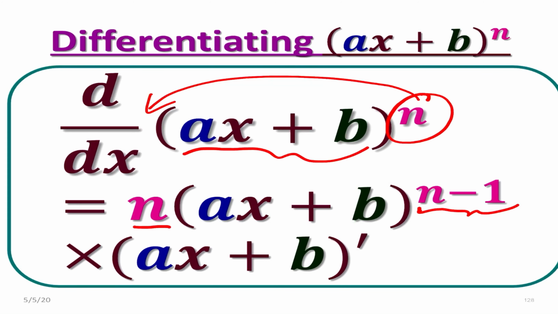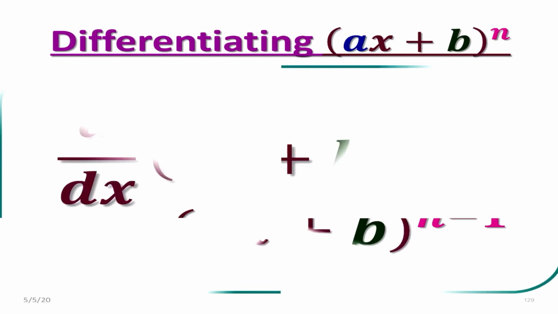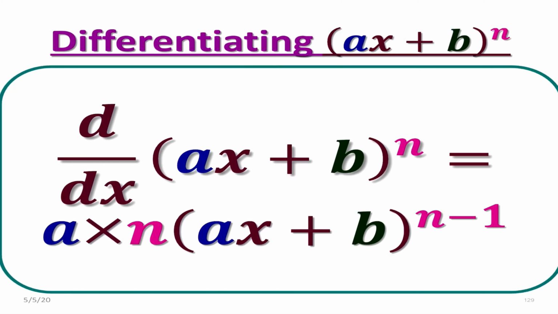This expression gets multiplied by the derivative of ax plus b, which is a. So a times n comes out front as the coefficient, and we have the rest. You could think of this as a separate formula, but to be perfectly honest, I wouldn't recommend remembering it as a separate rule, since you can always derive this derivative from scratch.